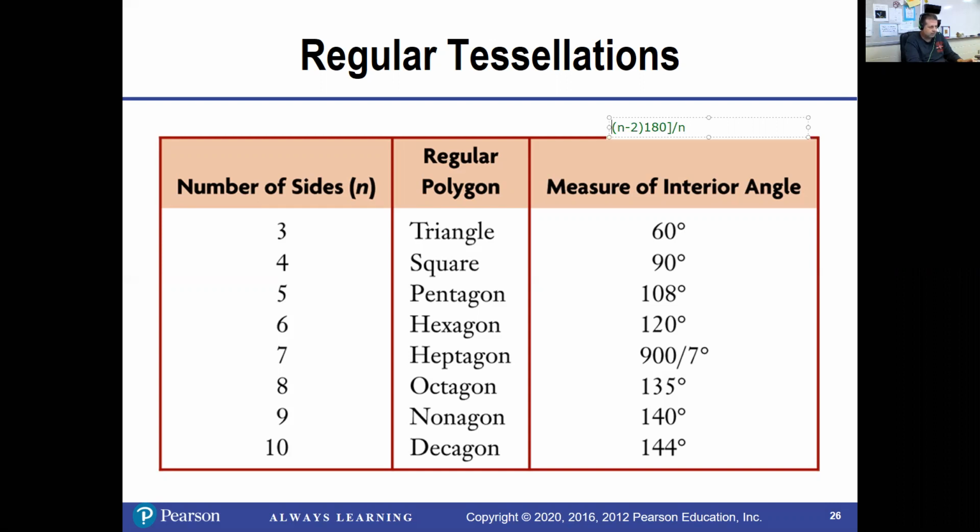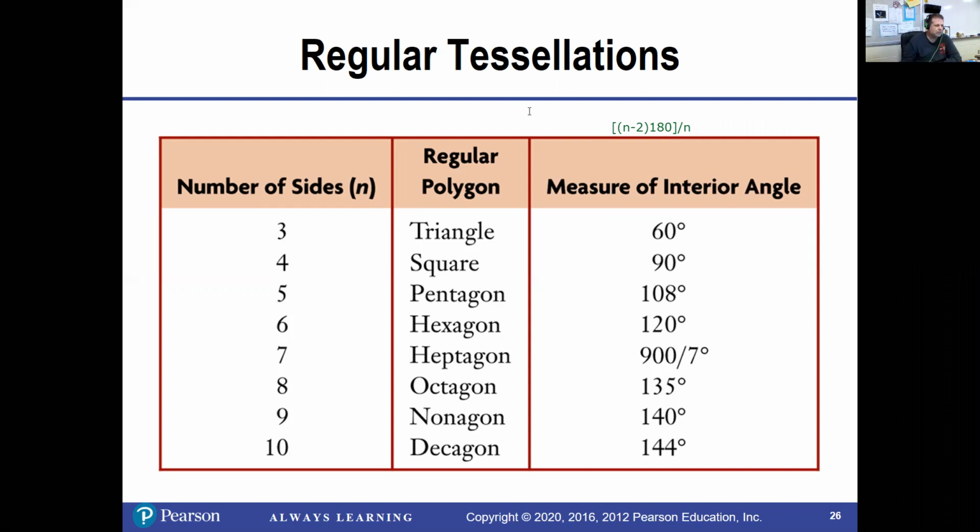So that gives you your angles. So a triangle is 60, a square is 90, a pentagon's 108, a hexagon is 120, and then all these other ones, you have these other angles, right?